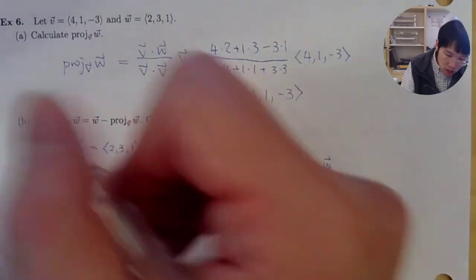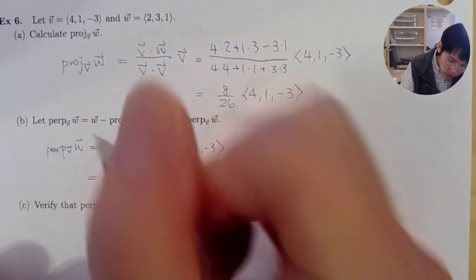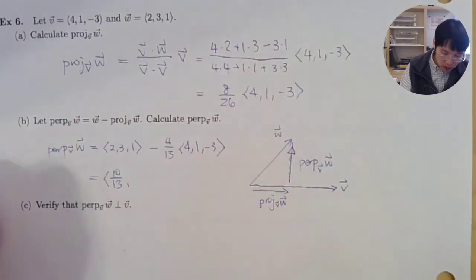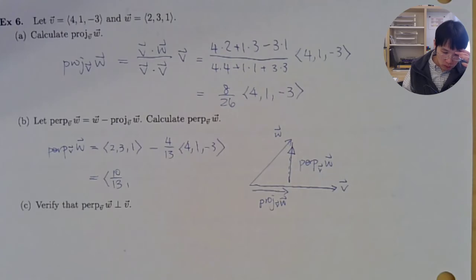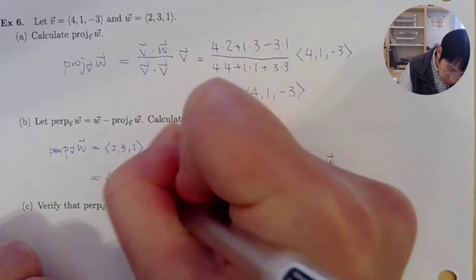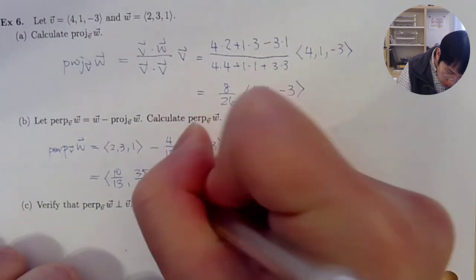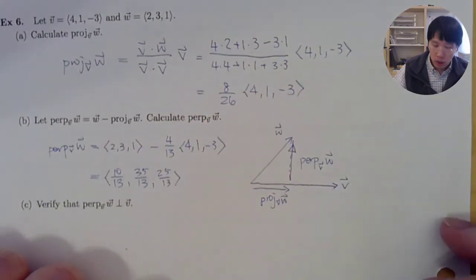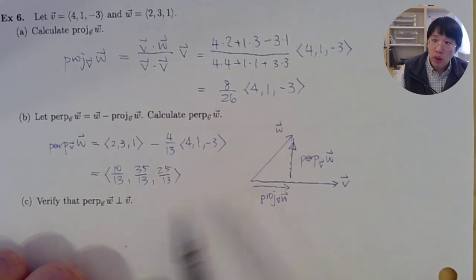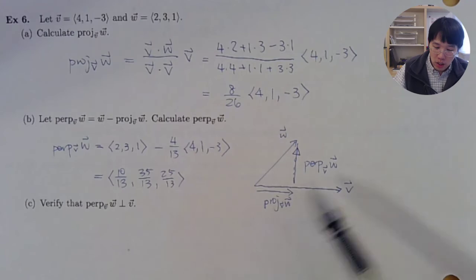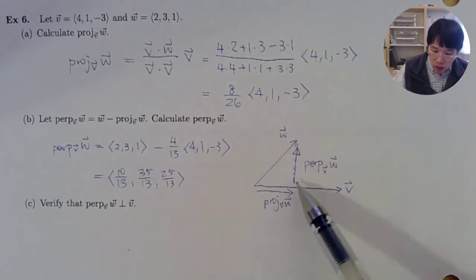And then this is some kind of straightforward arithmetic. 10 over 13, 35 over 13, and 25 over 13. It's an ugly looking vector. Well, I mean, let me not be a judge of the prettiness of vectors, but it looks kind of strange. Anyway, that is this vector.